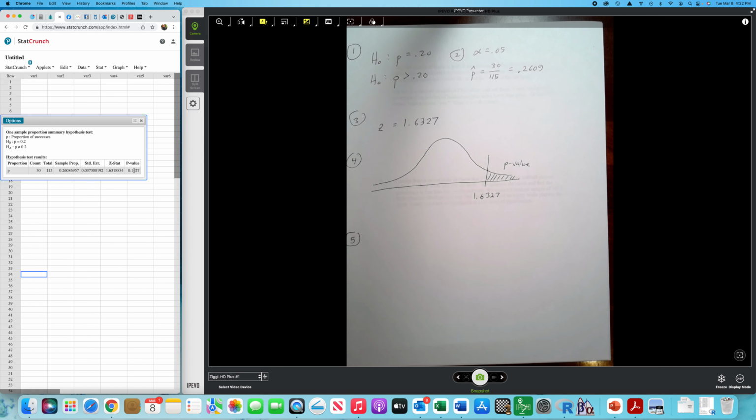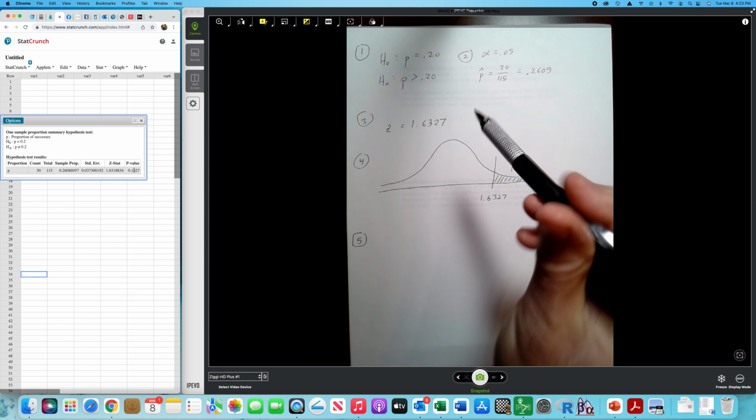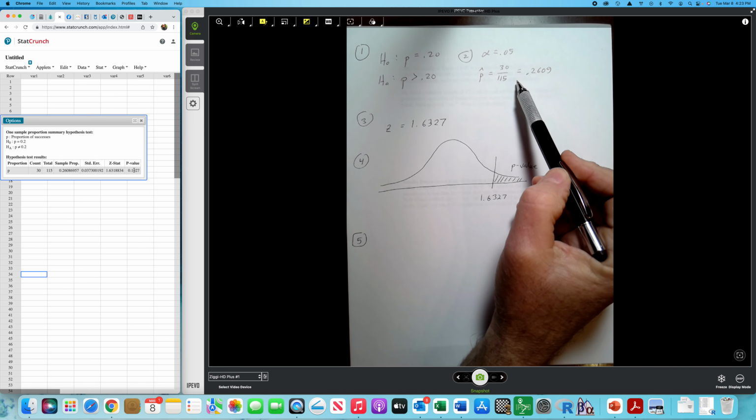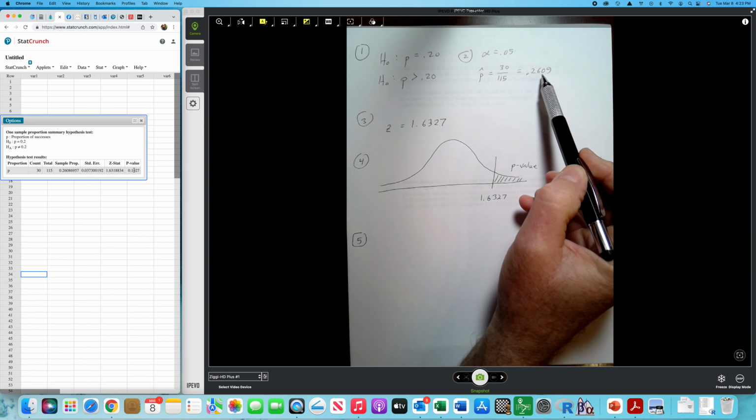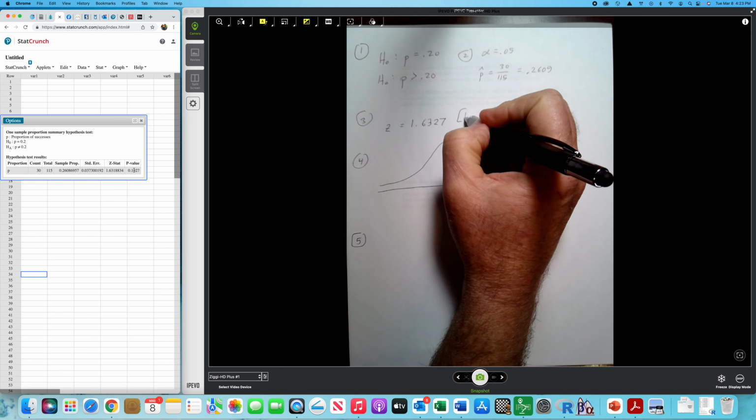All right, let's look at another. Let's say we're testing the same thing, that the population proportion is equal to 20%, but now we're testing greater than 20% only. So we have a one-tailed test, alpha 0.05, same sample stuff, and same test statistic.